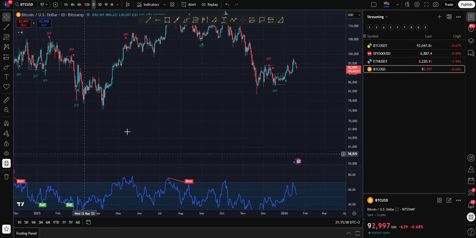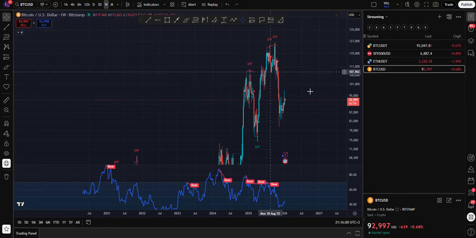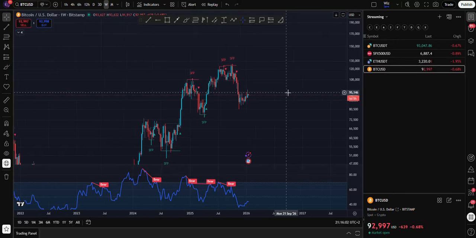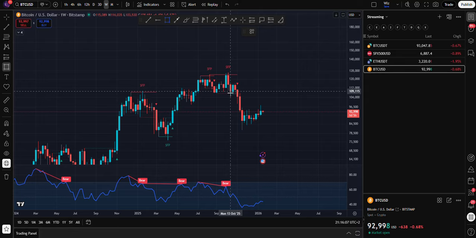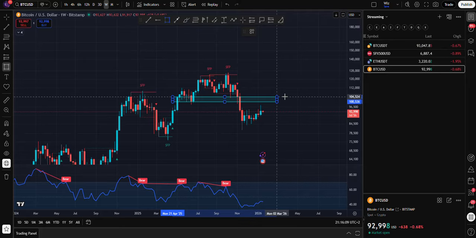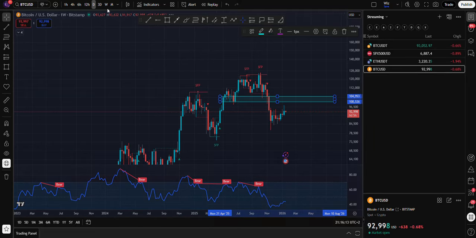Let's move on to the next one, which is the horizontal resistance that we have here around 100K and 104K.